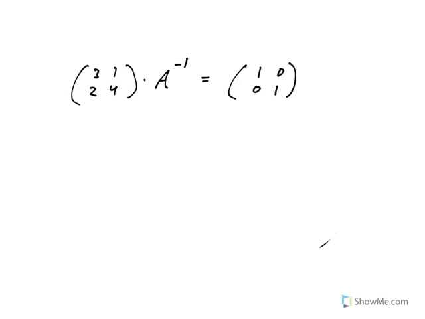Anyway, through a series of multiplications, it's going to take 5 of them, but I'm not going to do all 5 because I'm going to show you the shortcut after that. But we wish that it was 1, 0, 0, 1.